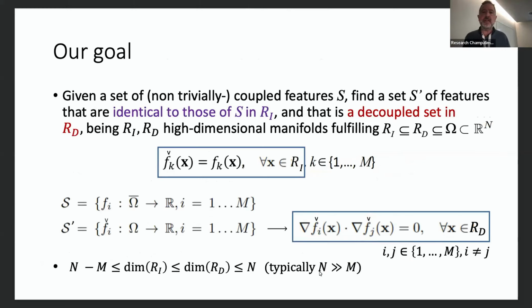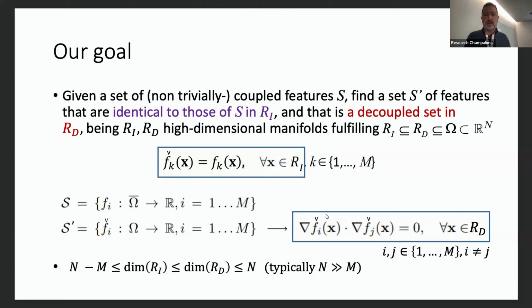More precisely, we are going to define some high dimensional manifolds. When we say we have a given set, in general they don't accomplish this. And we want to accomplish this decoupling of features. What we try is to have a very high dimensional manifold within which the new features are exactly the same as the old ones, right?